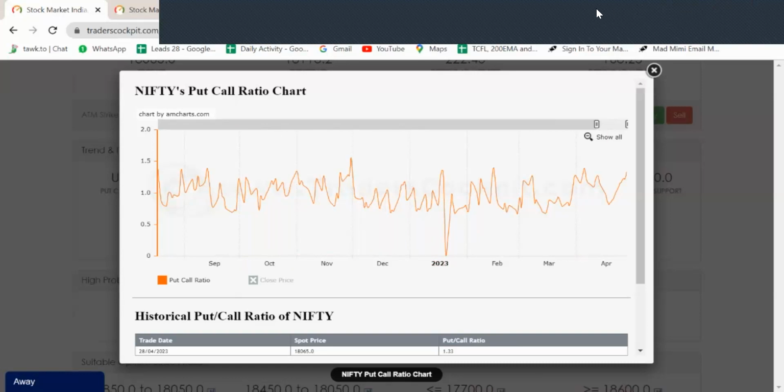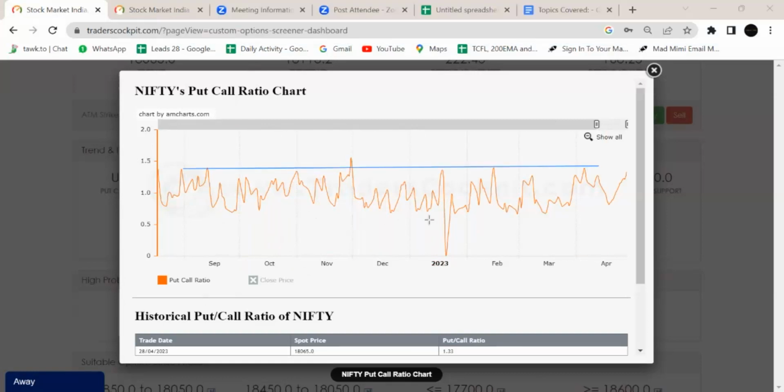Many of you already know what RSI is, right? RSI has overbought and oversold. When it hits overbought, it will be a downtrend. When it hits oversold, it will be an uptrend. Similar to RSI, we use the PCR indicator. So here I'll draw one level like this, and again I will draw one line here like this.